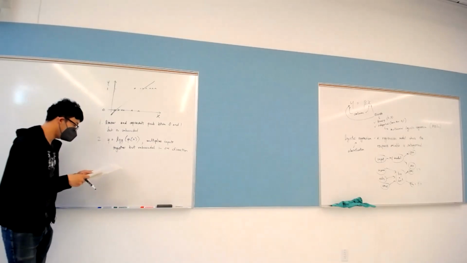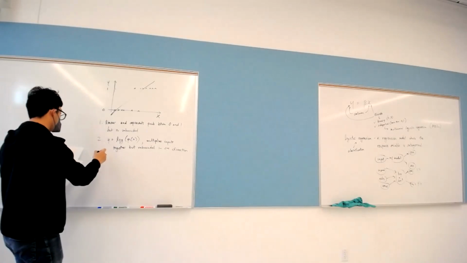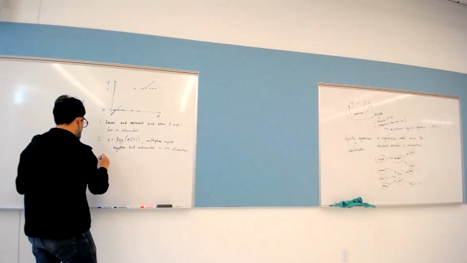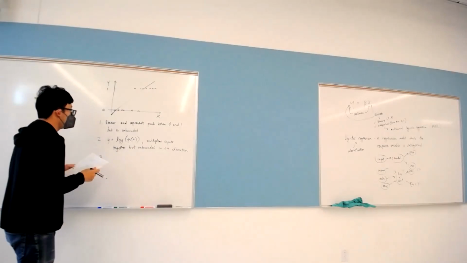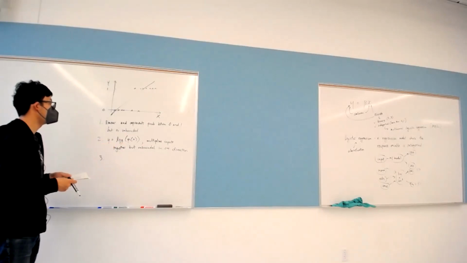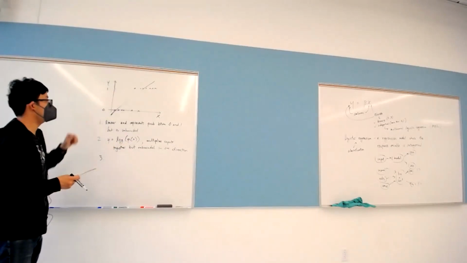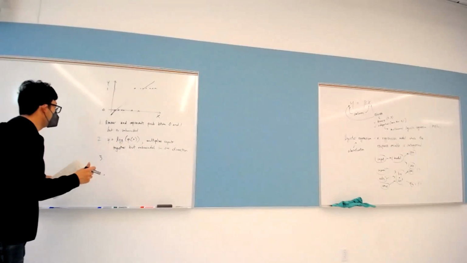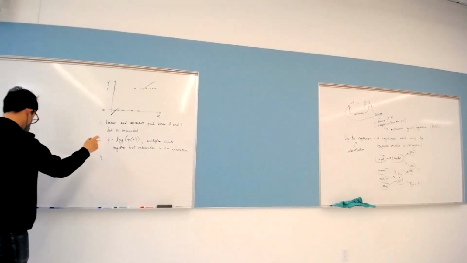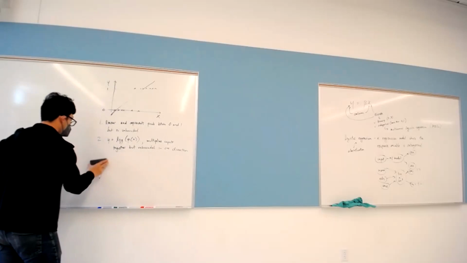So if you log the values, what happens to this kind of curve here? Actually, let me draw that first.